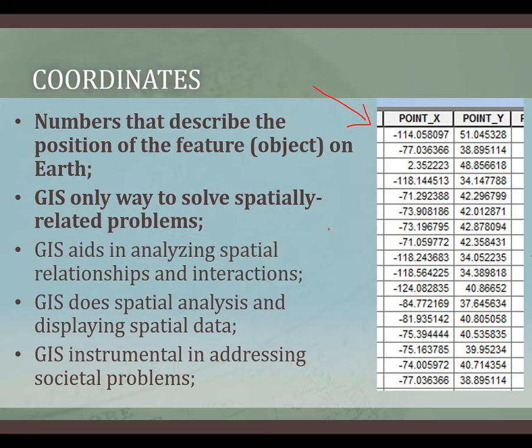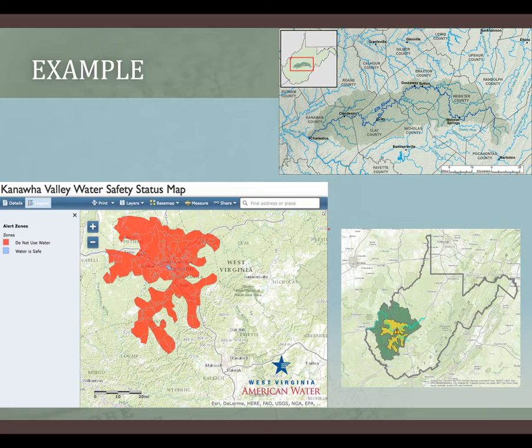GIS is very instrumental in addressing societal problems, and it's also very important for us as engineers to add some location to all our data. A very good example, if you remember, guys, a few years ago when we had our pollution problem in the water, especially in the Charleston area, and we had this spill, people were stuck to this map trying to figure out if they were affected by this spill or not.